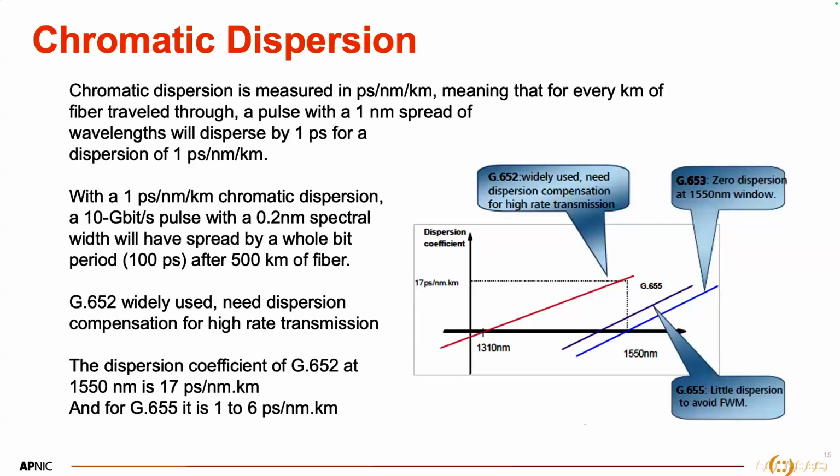ITU has defined different specifics for different kinds of fibers based on their characteristics. As you can see in the diagram, I have written some fiber specifications like G.652, G.653, or G.655.